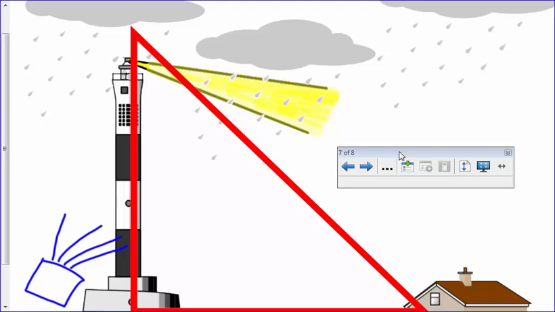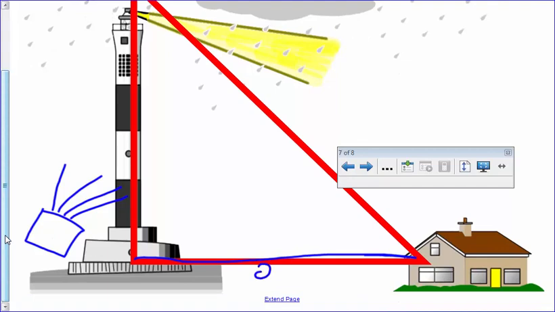So a searchlight is located 200 meters from an office. So this distance from here to here, let me see if I can get this up a little higher, is 200 meters. It's turned on during a cloudy day.